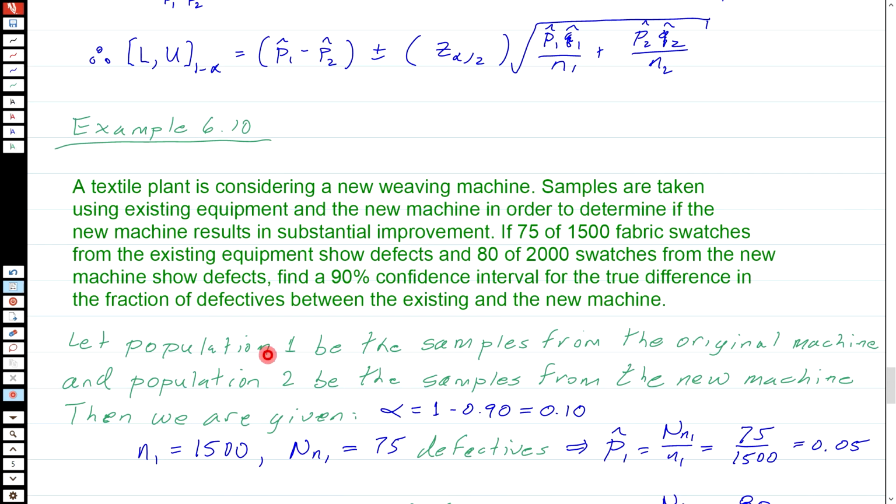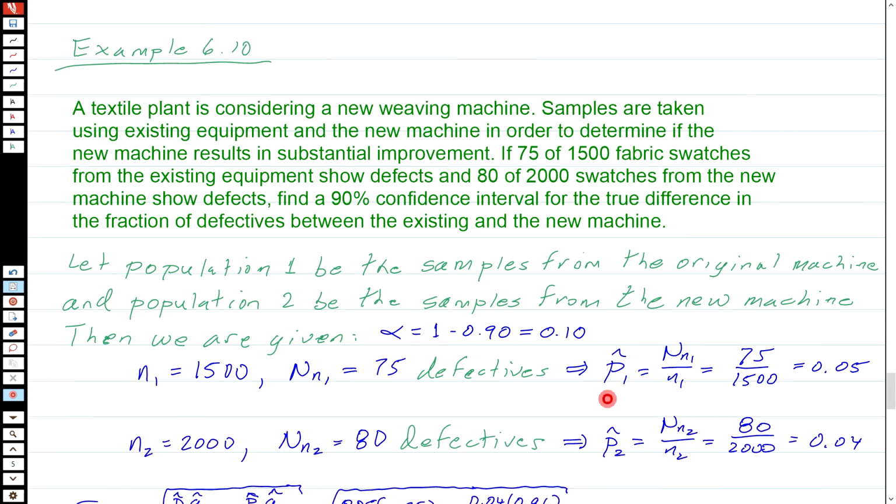Okay, so let's let population 1 be the samples from the original machine and population 2 be the samples from the new machine. We're looking for a 90% confidence interval, so alpha is equal to 1 minus 0.9, which is 0.1. From the existing machine, we took 1,500 samples, and 75 of these were defective. So P1 hat is 75 divided by 1,500, which is 0.05.